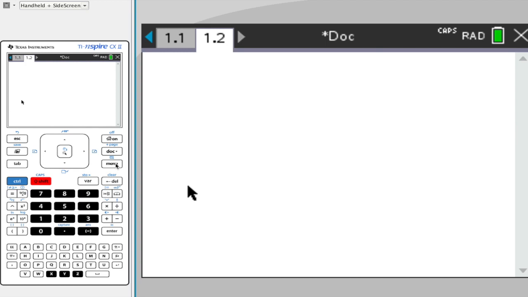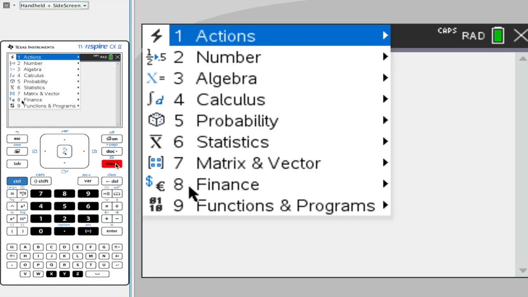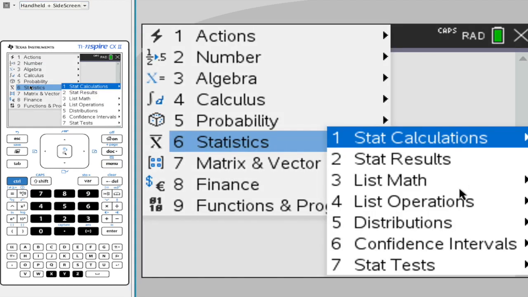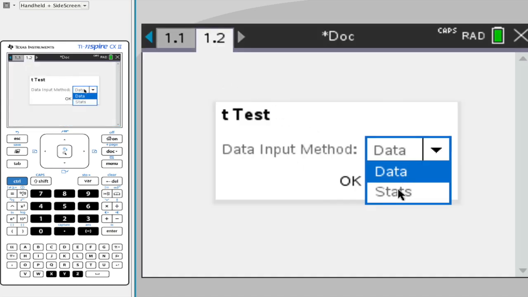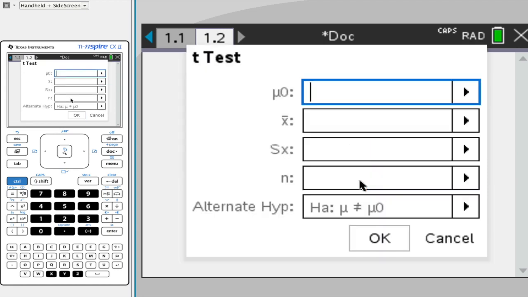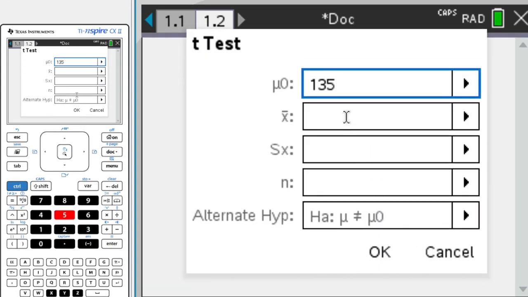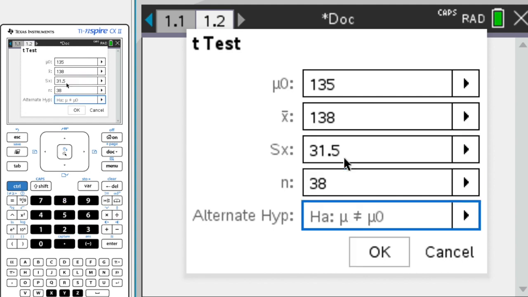So if we go to our t-test, we're going to hit Menu, Stats, Tests, t-test. This time we're going to select Stats with our mean, again, of 135, our sample average of 138, our standard deviation for our sample is 31.5, and our sample size is 38. Our alternate hypothesis is we're testing if they're not equal to each other.